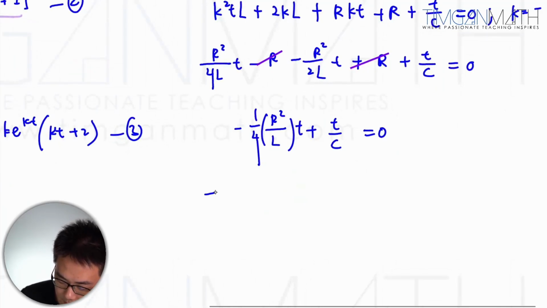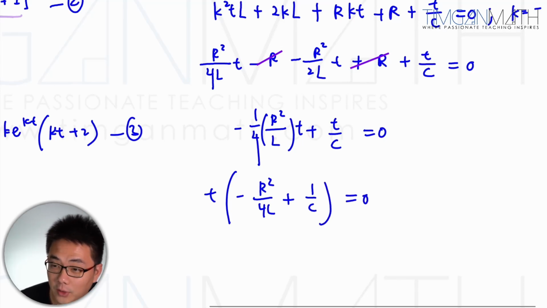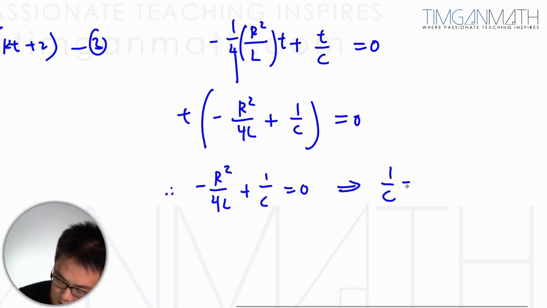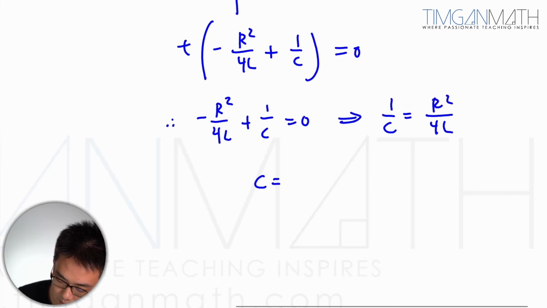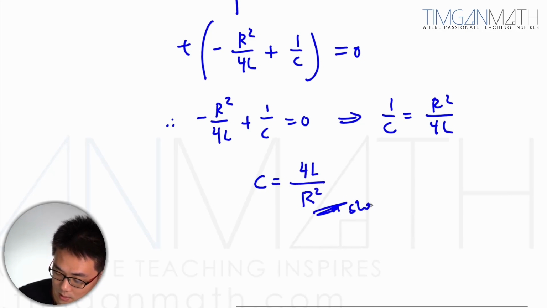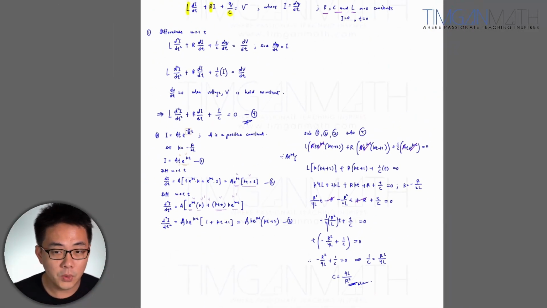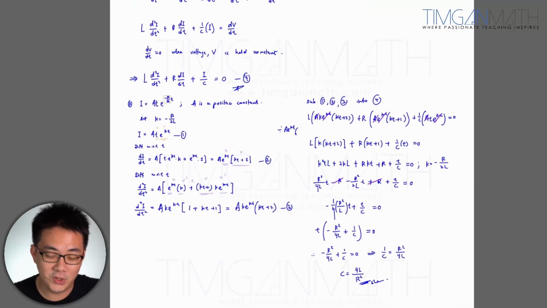The good thing about show-that questions is you pretty much know whether you got the answer correct or not. So once you get this, negative r² over 4L plus 1 over c has to be 0. And this would just be 1 over c equals r² over 4L, and c equals 4L over r². Yes, it's tedious, but with the proper steps, you should be able to do this question proficiently, okay?